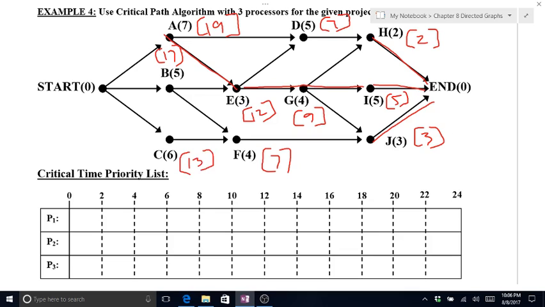Okay, so that makes my critical time priority list A, B, C, E, G, D and F both tie, I, J, and H.